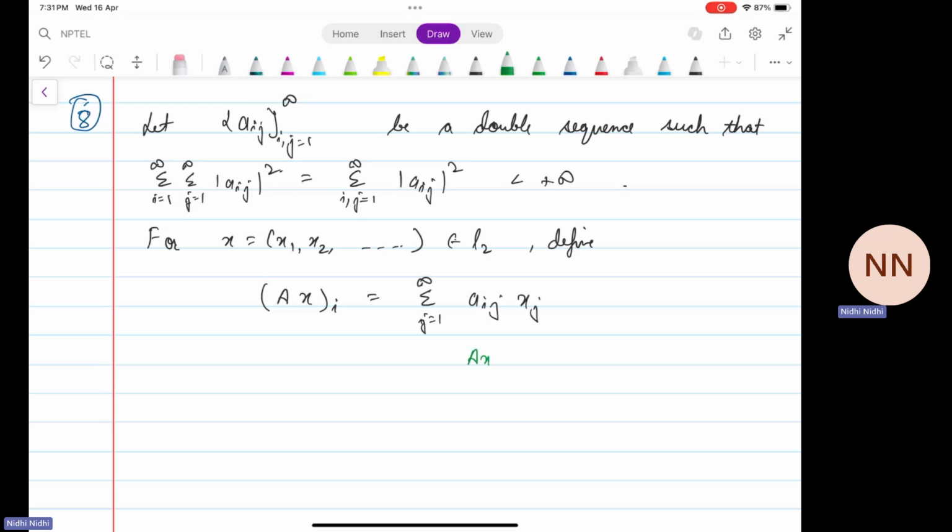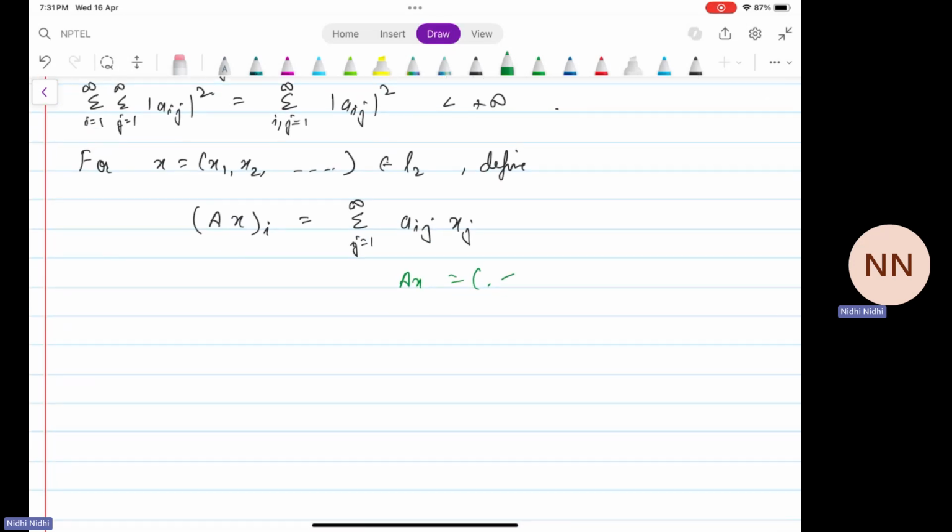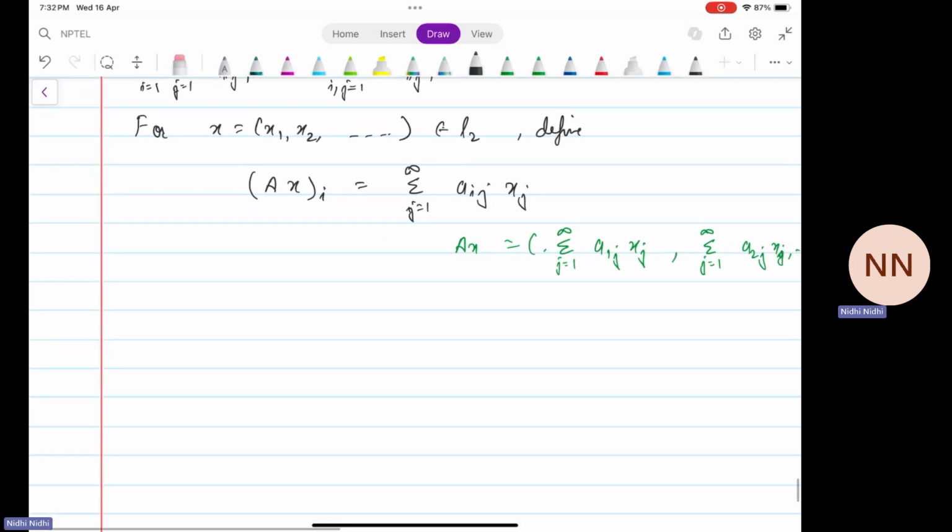That means this Ax is a sequence of the form: its first term is summation j from 1 to infinity a1j xj, then summation j from 1 to infinity a2j xj, and so on. So that this A is a bounded linear operator on L2, and moreover it is compact.